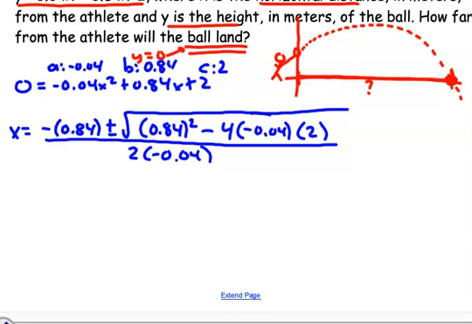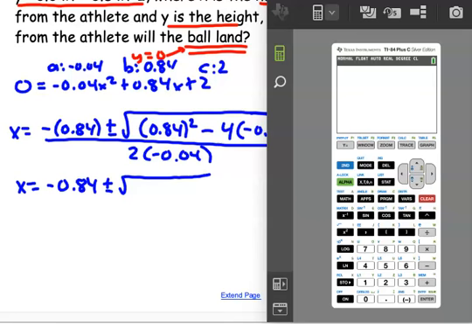As you can tell, we're going to need the calculator to simplify some of this stuff, so I'm going to pull that up in just a second. We have negative 0.84 out front, plus or minus the square root, and let's simplify some of this stuff. And I can show you too, you can do some of this calculator stuff in one step. You just got to be a little bit careful.